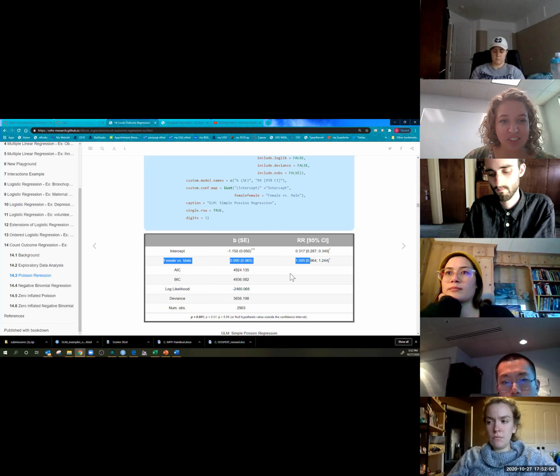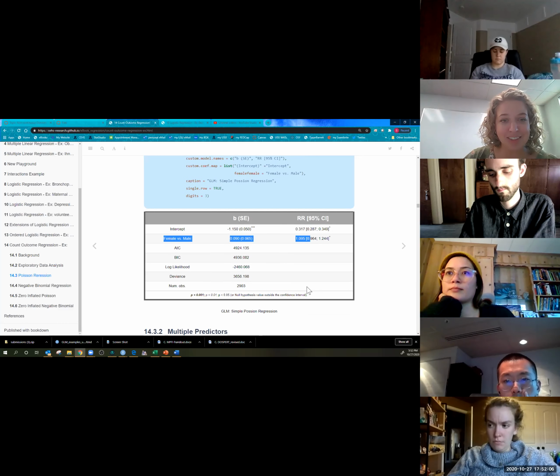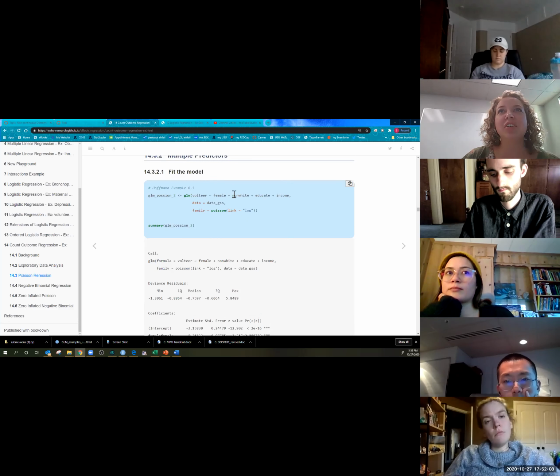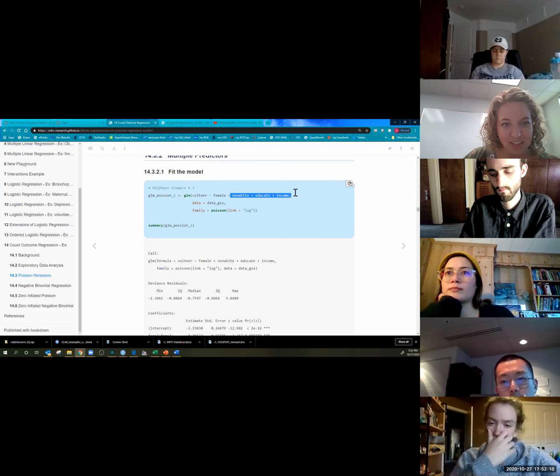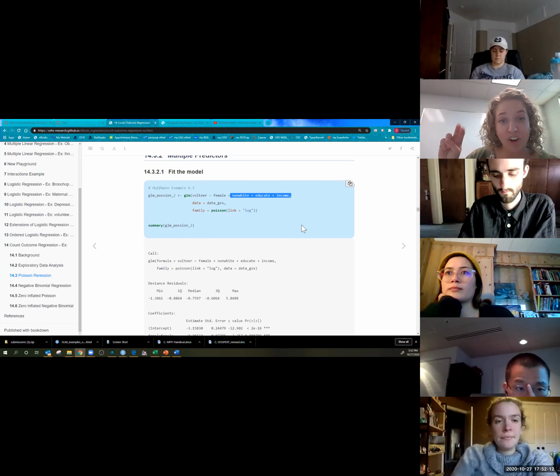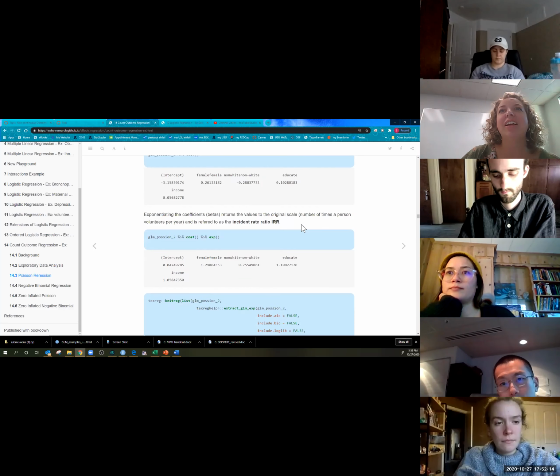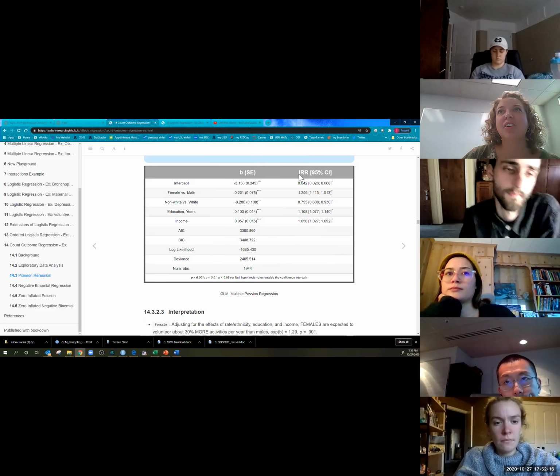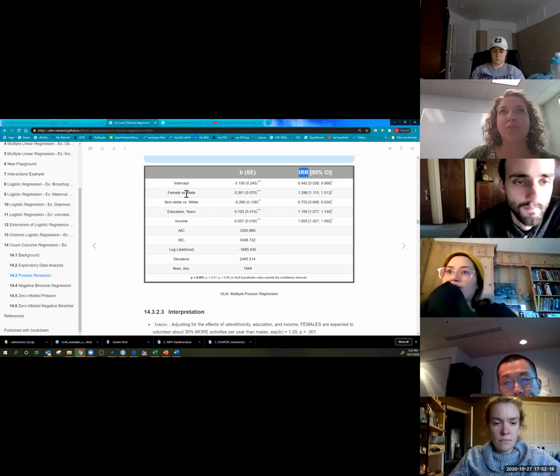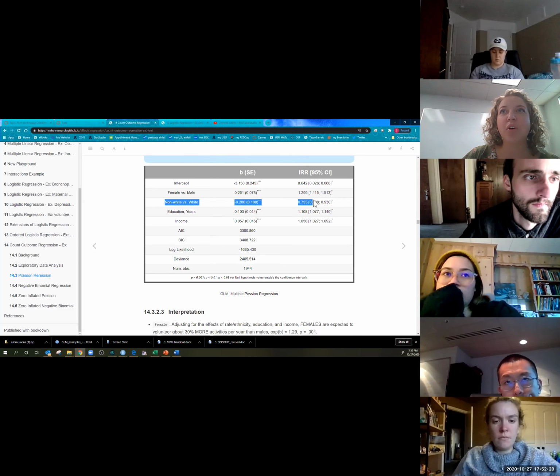Now this is an unadjusted ratio because there's nothing else in the model. So of course the next thing to do would be to add some covariates to control for. And here we go. So I labeled it IRR this time. So after adjusting for race, education, and income, can we still say that females volunteer more? What happened to our rate ratio now?